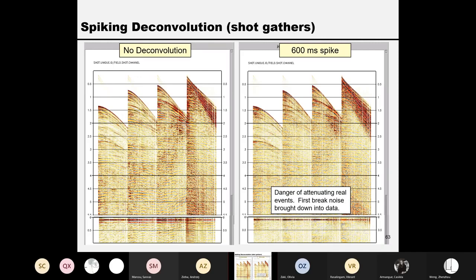Coherent events means signal. But by assumption, if something is incoherent, the stack will reduce those incoherent events, right? So you can think about the stack here as an enhancement to the signal, and an attenuation of incoherent events.